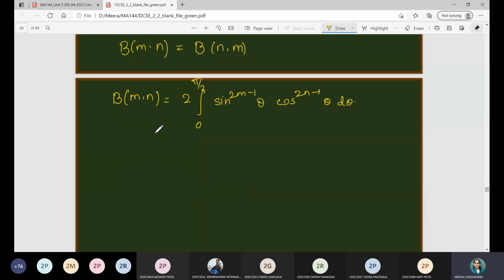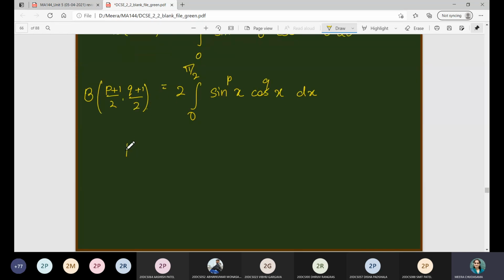And when you replace 2m minus 1 by p and 2n minus 1 by q, you will have the representation as 2 times the integral from 0 to pi by 2 of sine px cos qx dx, or you can write it in terms of theta also, but at that time the corresponding beta arguments will change: m will become p plus 1 by 2 and n will become q plus 1 by 2, right? And then we have seen the relation between the beta function and the gamma function. So what is it?